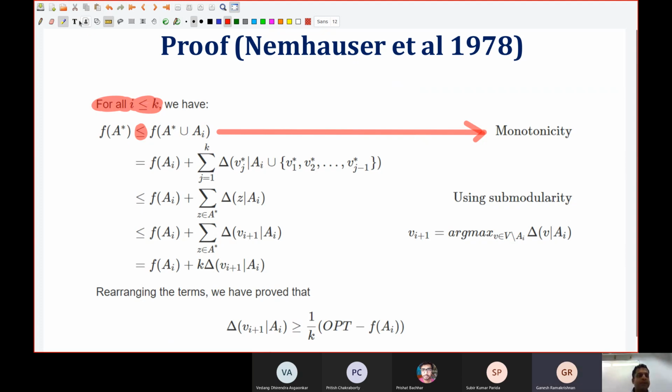The second step I've done is telescopic summing. So this is what we're going to look at really carefully. But the only thing is, I have applied telescopic summing from the previous side. Applied to what?